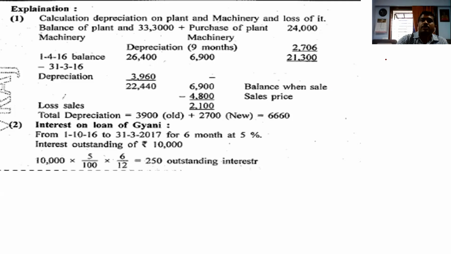The first machine value is 33,300 and they are selling it for 6,900. That is the book value, right? So we have to deduct this one. 33,300 minus 6,900, you calculate. Just one minute, I have to calculate. You also start doing it.